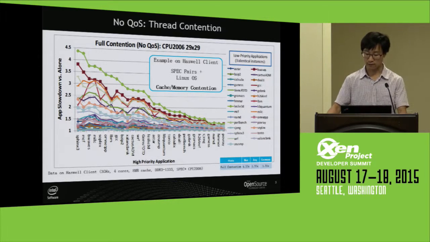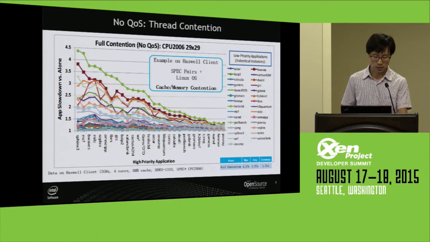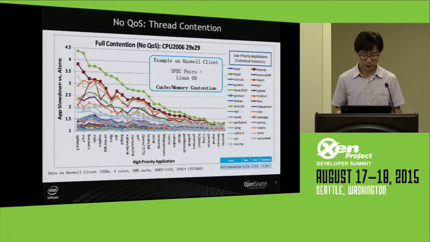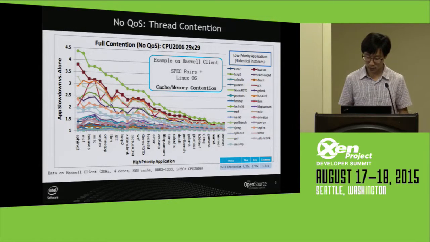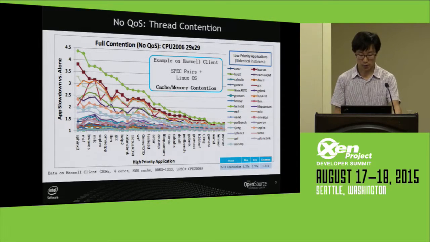The objective of this experiment is to inspect the performance impact caused by thread contention when nothing is done, especially for QoS. First, we divided the benchmarks in CPU 2006 into two groups, and we chose one group as our high priority group, and the other as the lower priority group.